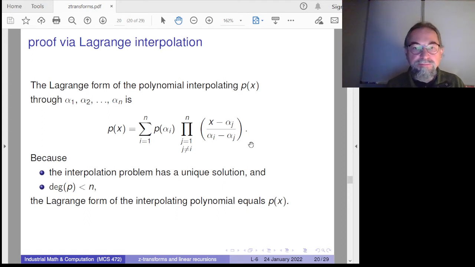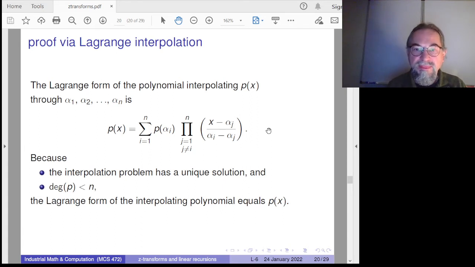So this product here, you can see that if x equals alpha I, then what we actually are computing is alpha I minus alpha j in the numerator, and in the denominator we always have alpha I minus alpha j. So when x equals alpha I, we actually have a product of ones.